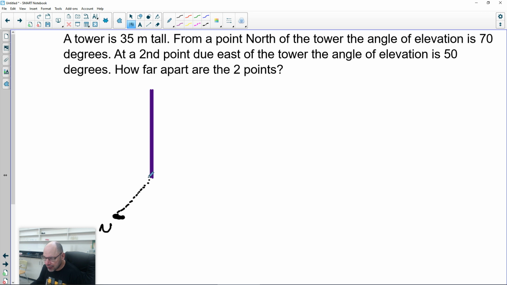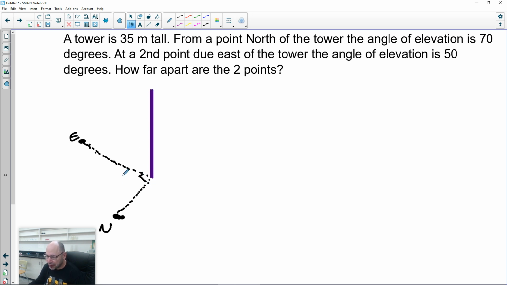Okay, so east would be 90 degrees to that, so it would be going out this way. This is east here. Okay, that's our second point. Okay, there. So that's a 90-degree angle in there. Now these are 90 degrees to the tower as well.